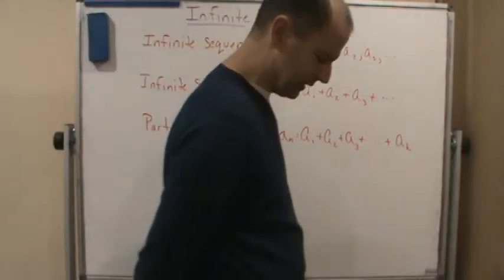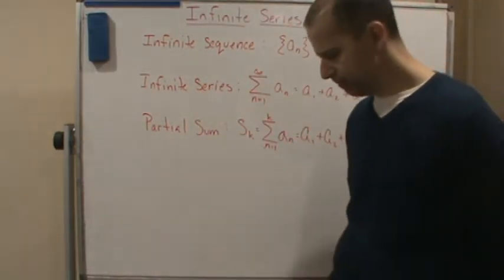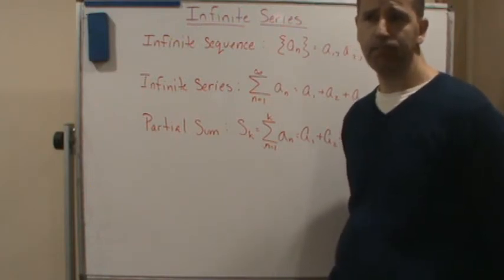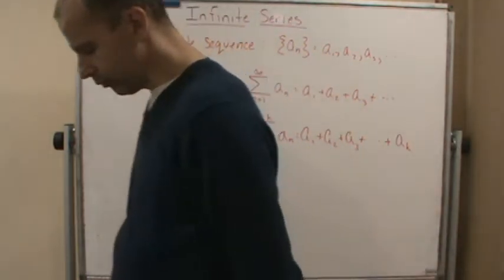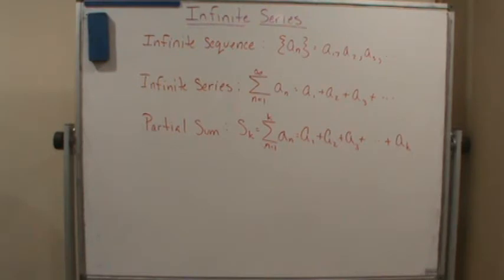Let's say that we have this lake and there's oil that's seeping into this lake at a certain rate. Let's say the first week, 1,000 gallons seeps into the lake.